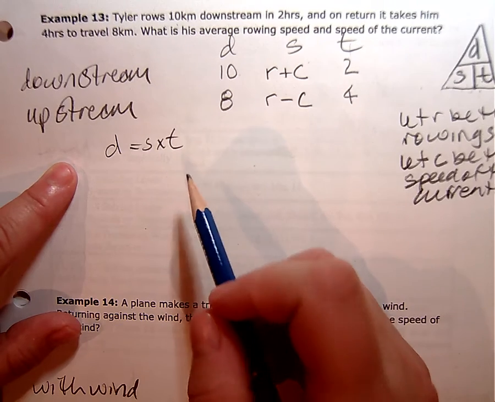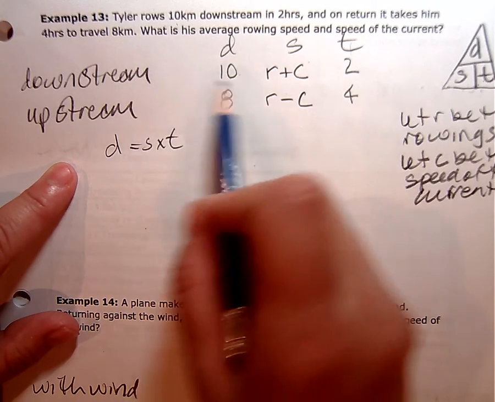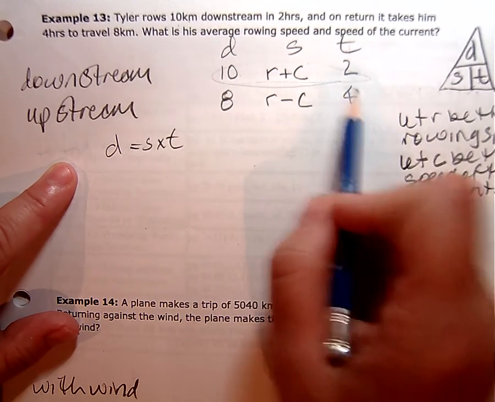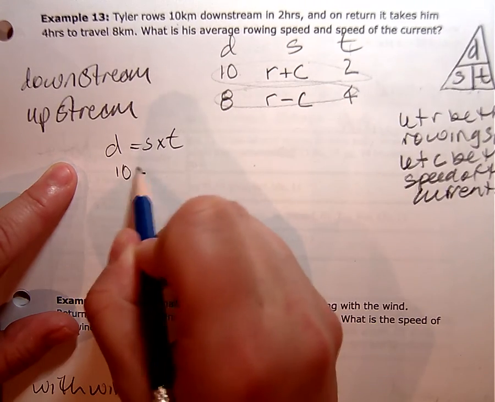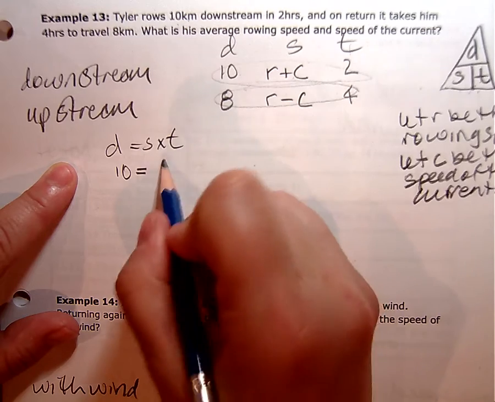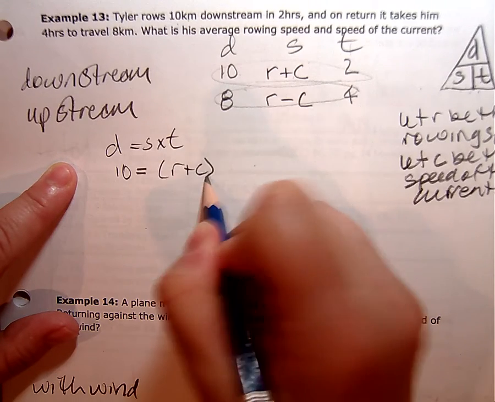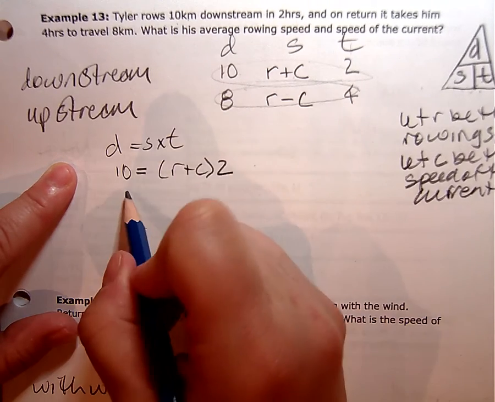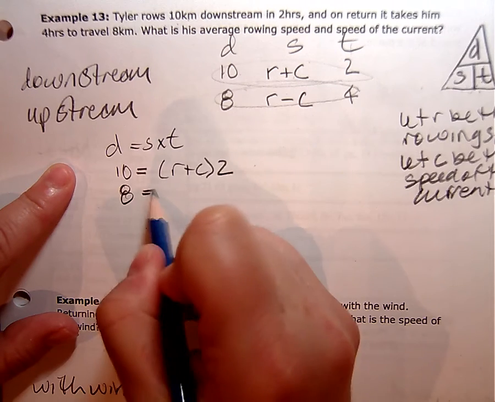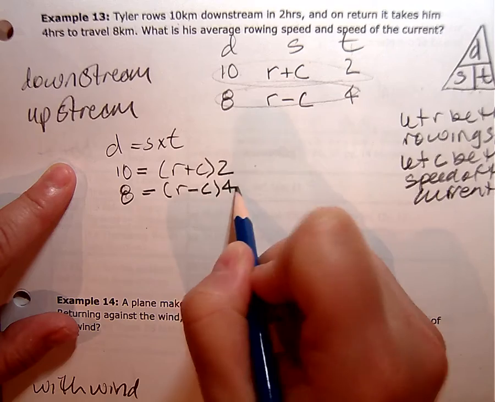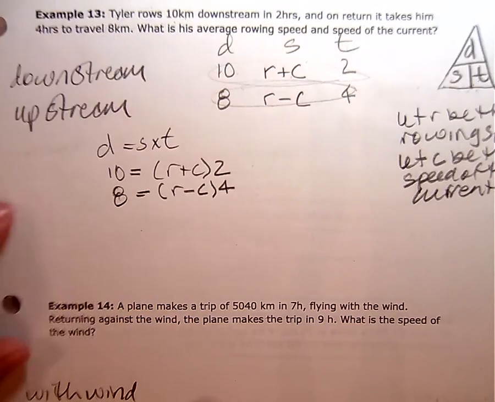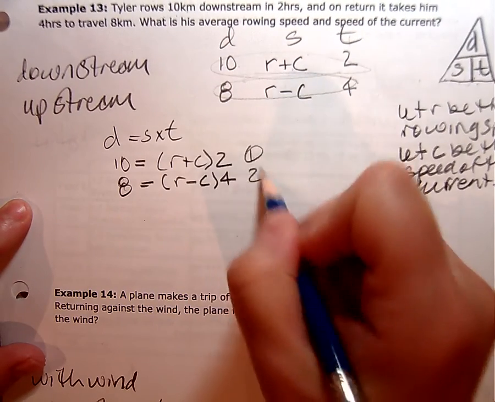So here, I'm going to write this equation, and then this equation. So D equals S times T, and D equals S times T. Okay, that's equation 1, and that's equation 2.